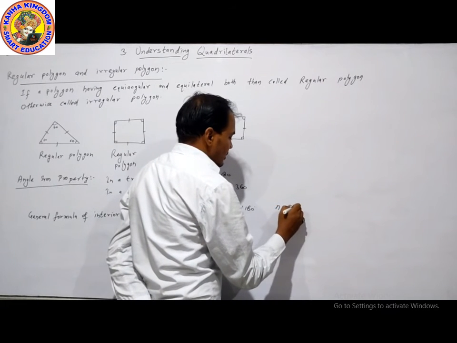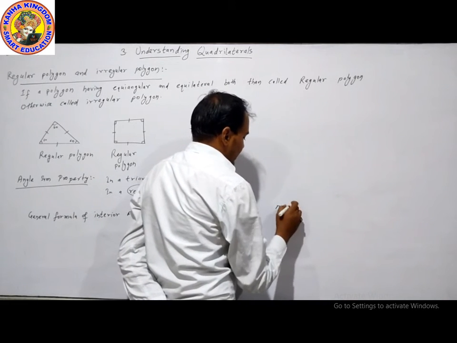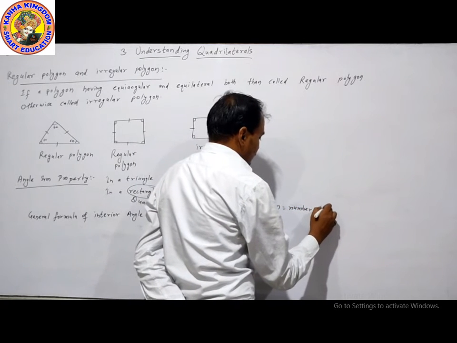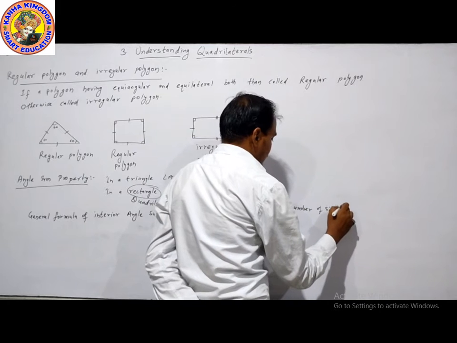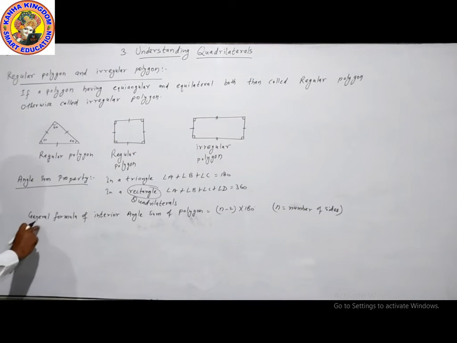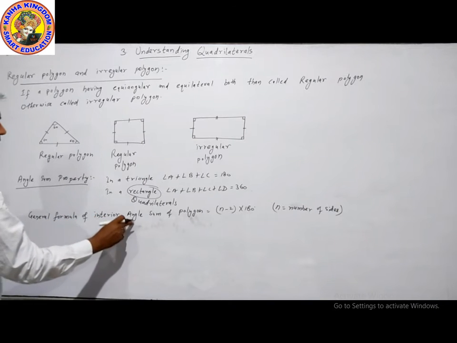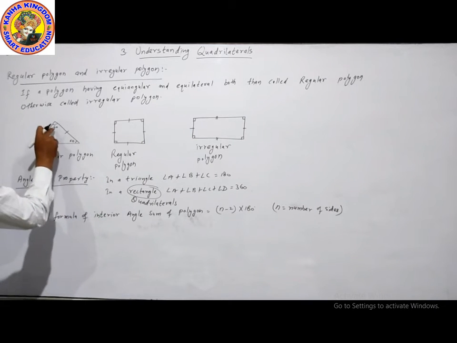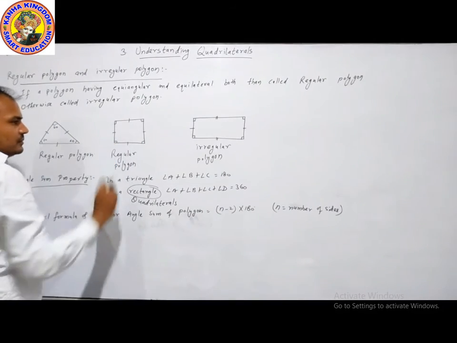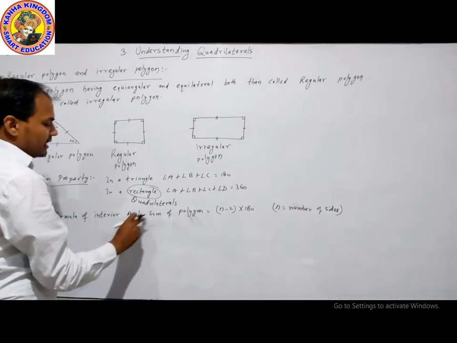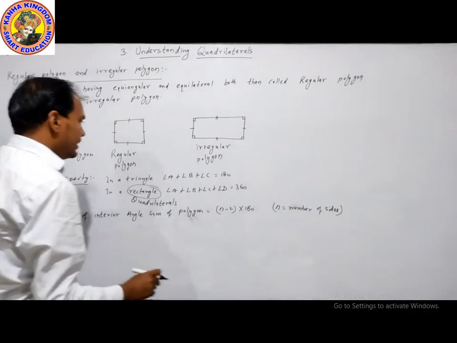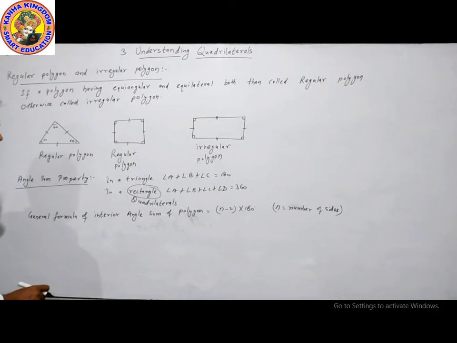N is the number of sides. The interior angle means the angles which are inside, 1, 2, 3, 4. The interior angle sum of a polygon is n minus 2 into 180 degrees. N is the number of sides.